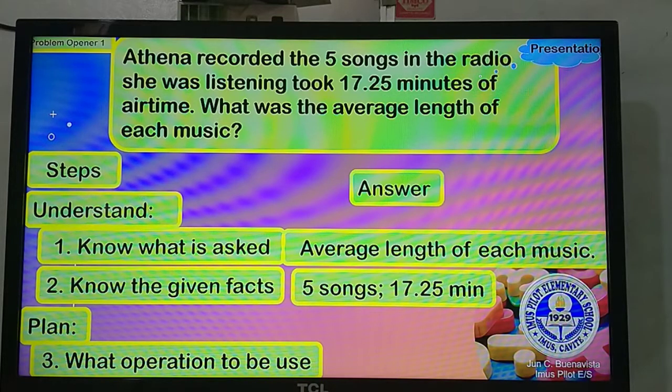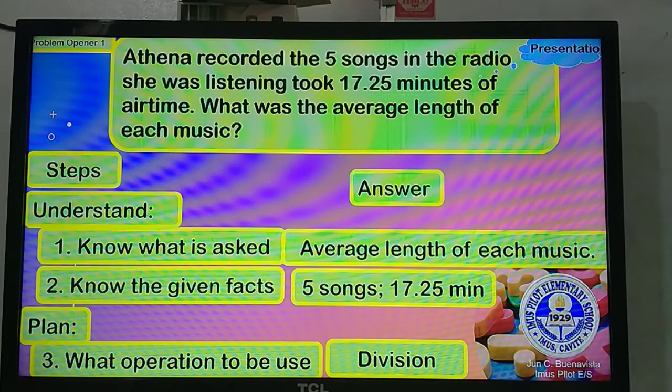But in our problem, it has already the sum, or it is already added. You have the 5 songs, and the sum is 17 and 25 hundredths minutes. So that is why you're not going to add anymore. The given facts are already the sum and the number of cases. So that is why the operation that you are going to use is division.